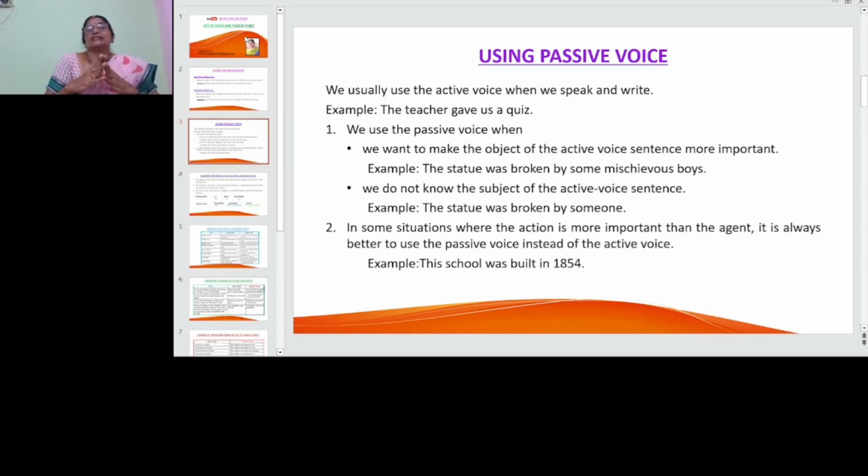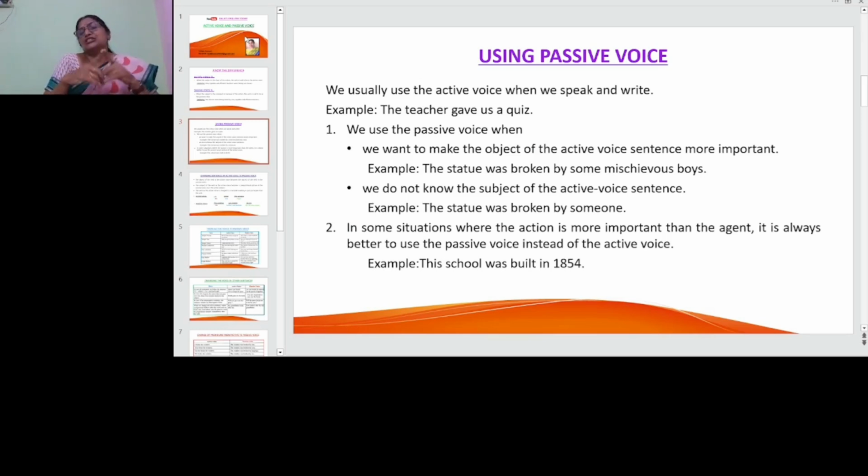Okay. For example, the statue was broken by some mischievous voice. We know here the subject of the active sentence, the statue was broken by someone.